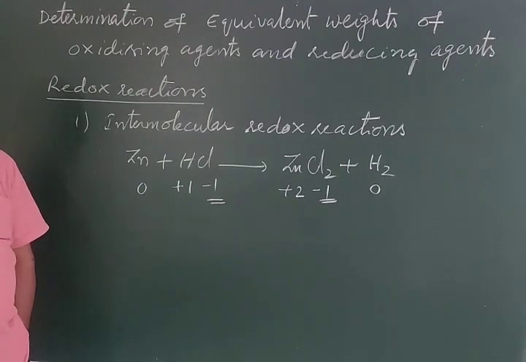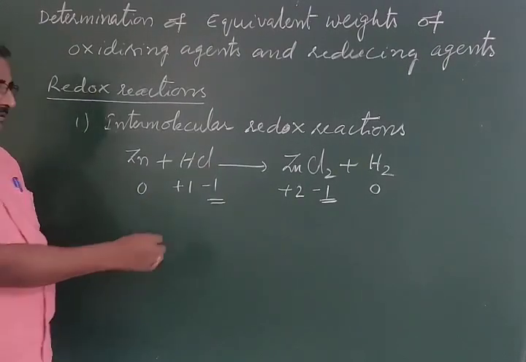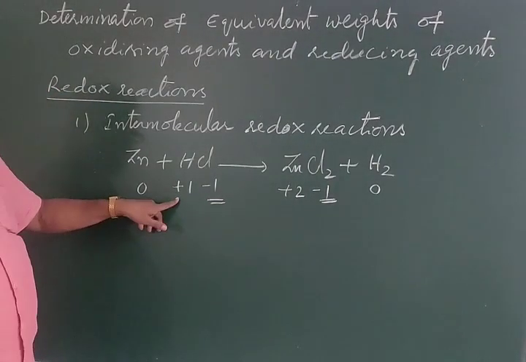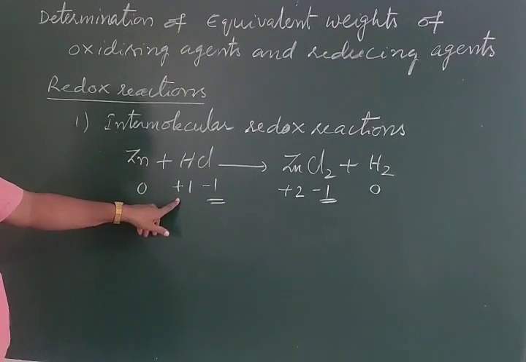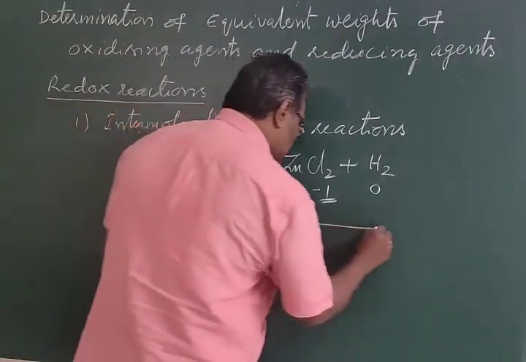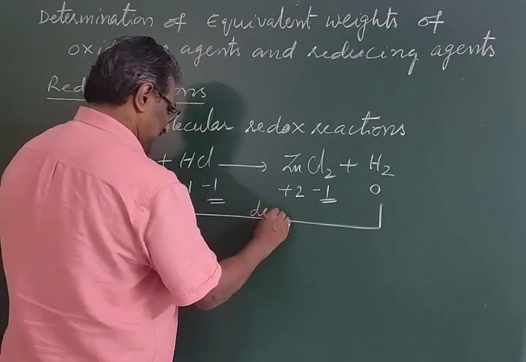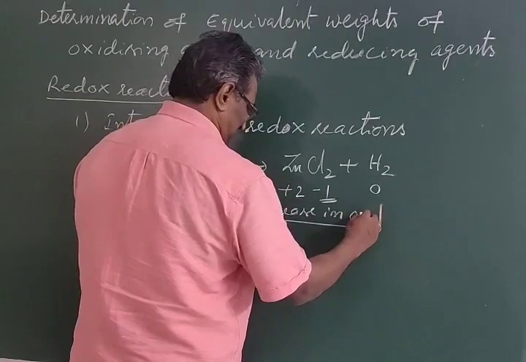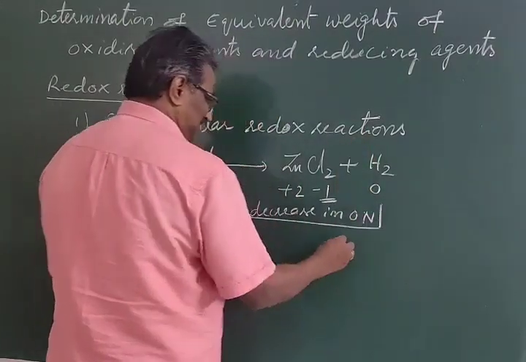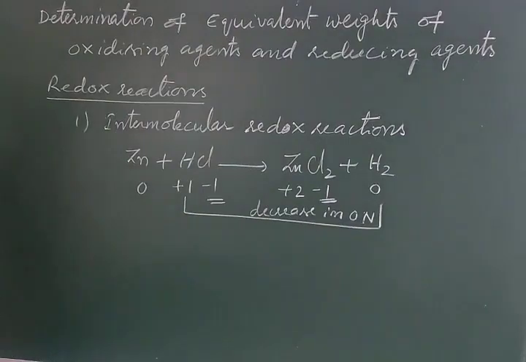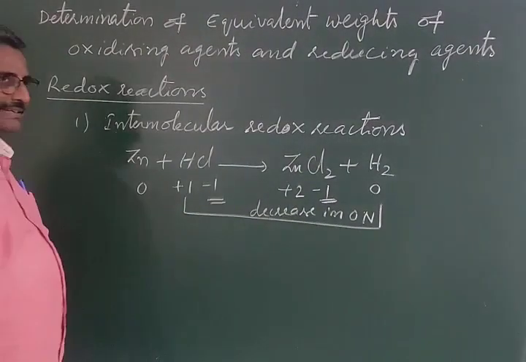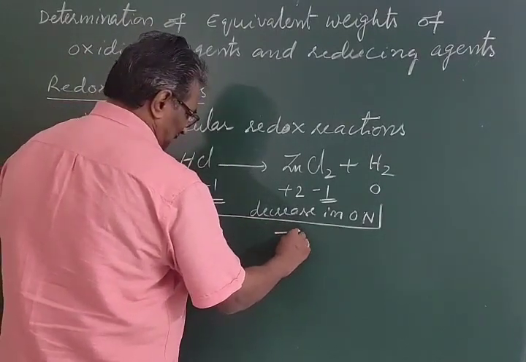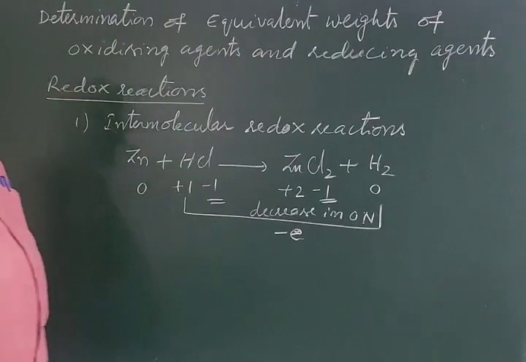Which substance is undergoing reduction? The element whose oxidation state is decreased. Here, hydrogen's oxidation state is decreased from +1 to 0. Decrease in oxidation number happens by the gain of electrons.